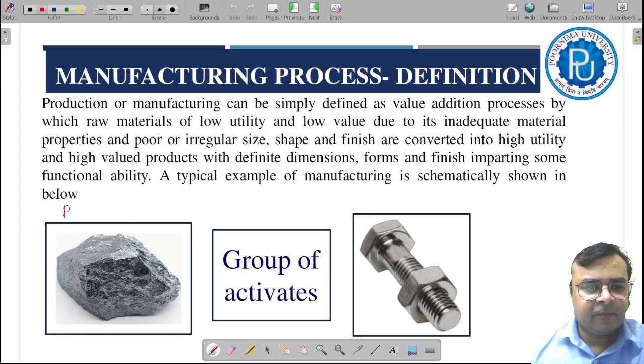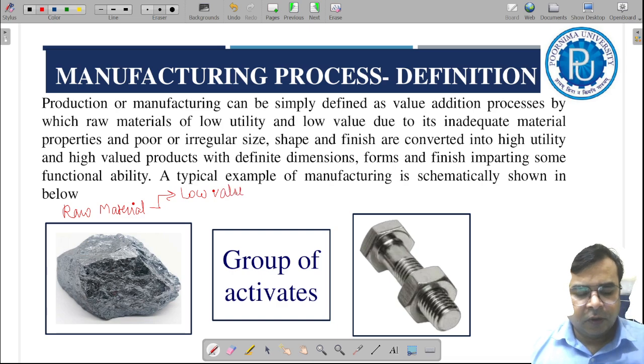This is a raw material, and actually this is a lump of material which has low value and low utility. So we have a raw material which has low value and low utility, means this material directly cannot be used for any engineering application.